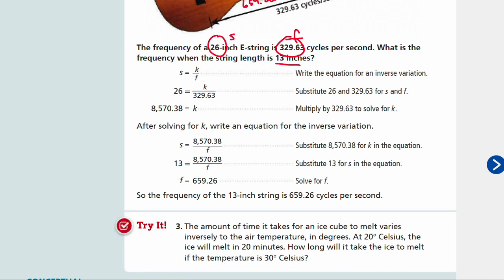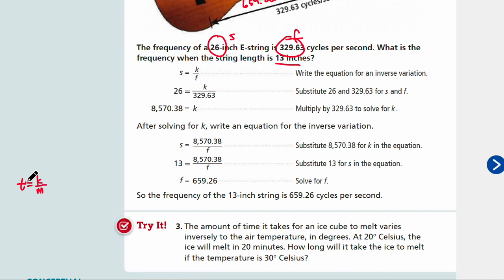So pause the video, see if you can solve it by yourself, come back when you're ready for answers. Okay, are you ready? First of all, you have to write an equation in terms of the air temperature and the time. So the temperature in degrees is inversely related. So K over the time, let's say minutes.